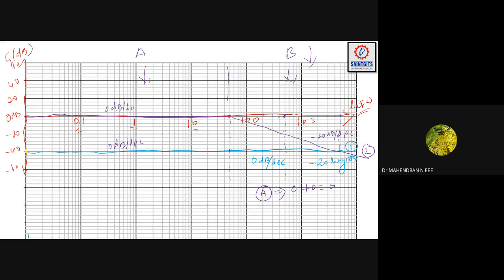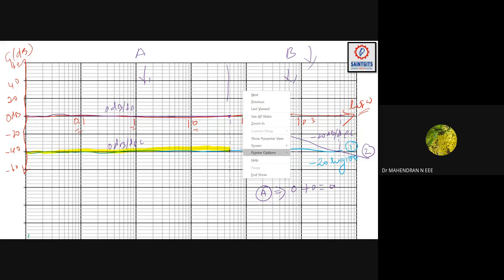Now up to this portion it will be followed, and then after that it is simply following, so it should be like this.